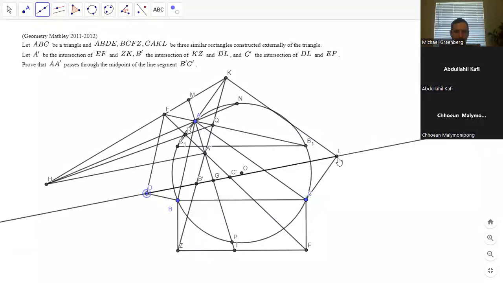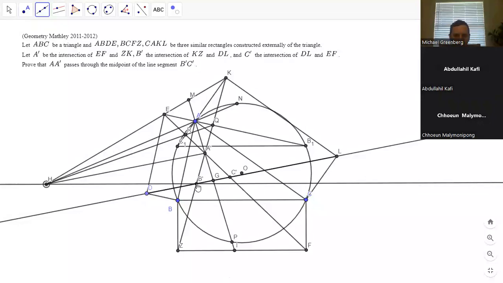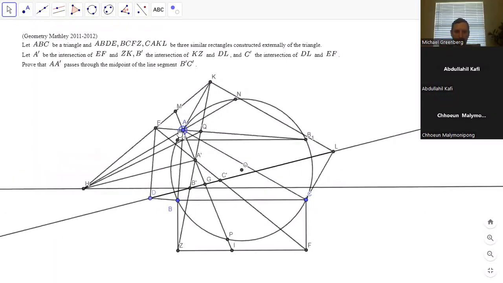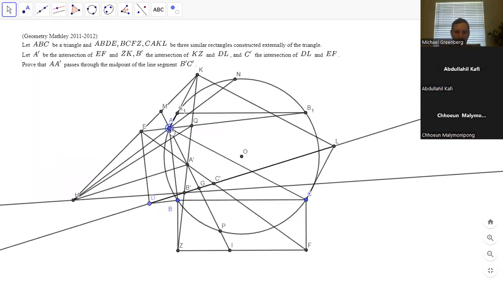Is there any kind of similar triangles? Almost looks like HB prime, but yeah, there's no way it's parallel to BC.